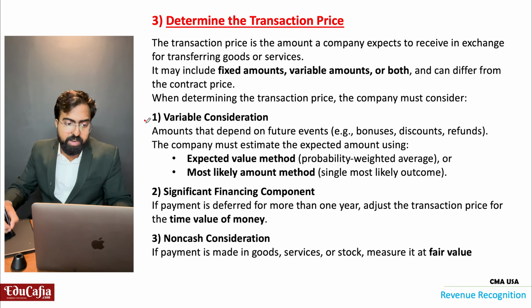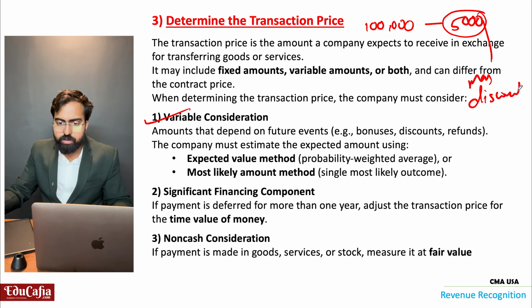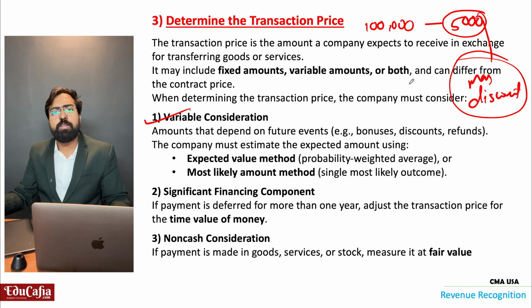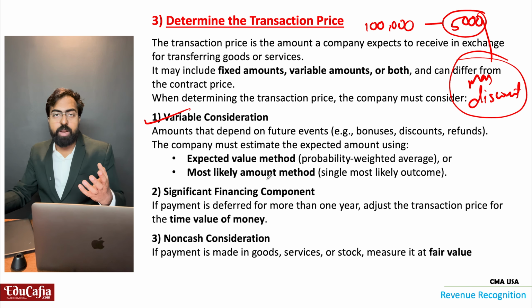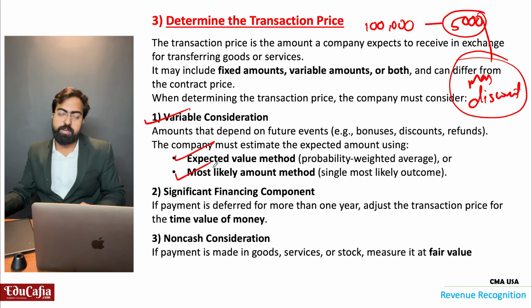What is variable consideration? In this 1 lakh rupees, there is a chance of giving a discount, a maximum of 5,000. How much discount will I give? That I have to calculate through the expected value method and the most likely amount method.